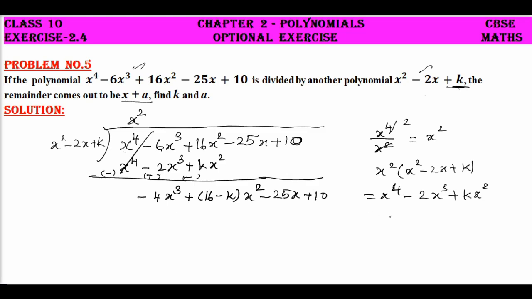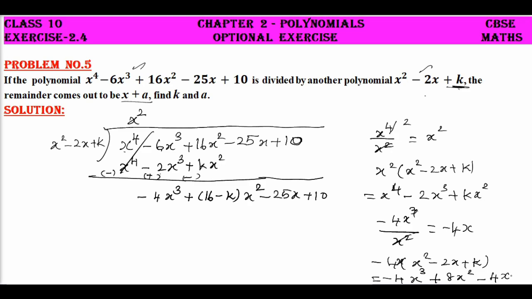Okay, now we'll find the next part of the quotient. So -4x^3 by x^2, so it is -4x. When you multiply -4x with the divisor, you get -4x^3 + 8x^2 - 4kx, otherwise -4xk.